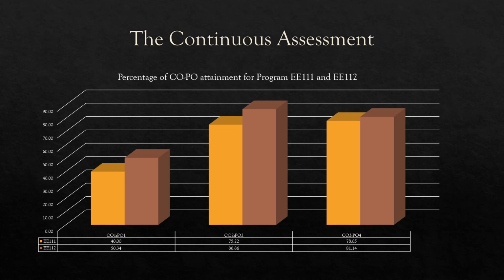From the results, it is very useful as a reference for the CQI improvement of the teaching and learning technique for the next batch. The LIC, or lecturer in charge for the next semester, can develop various strategies to improve the unachieved PO.